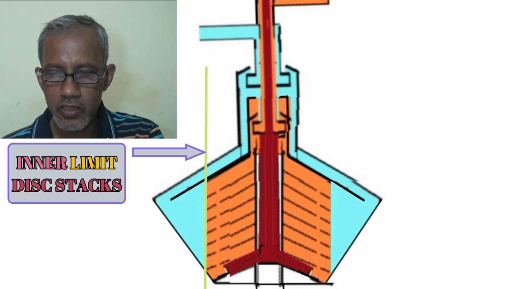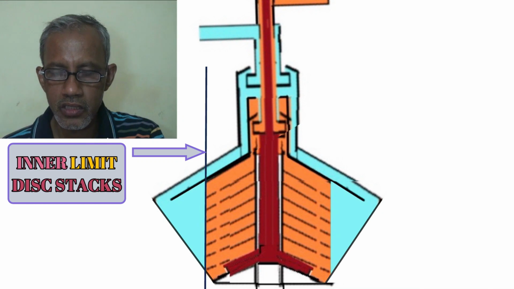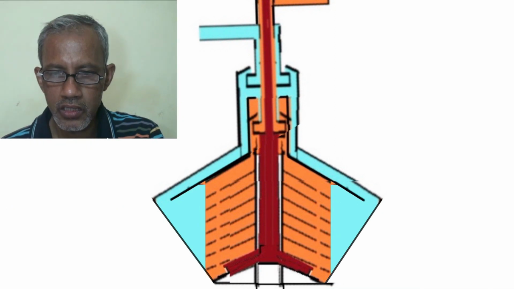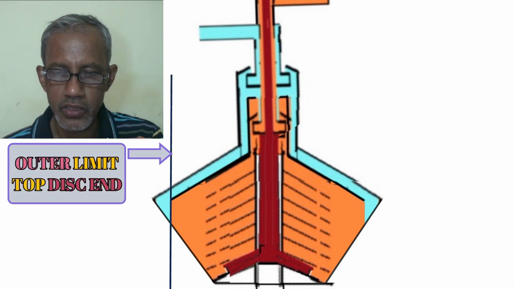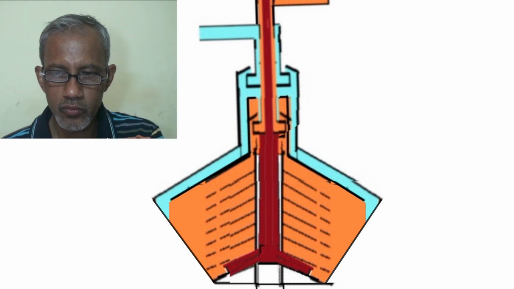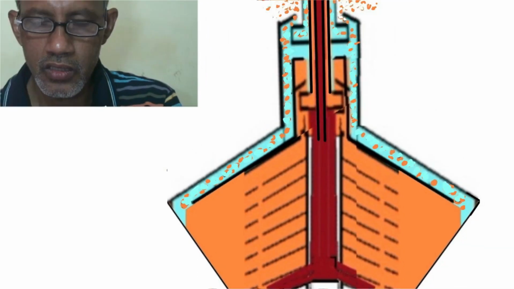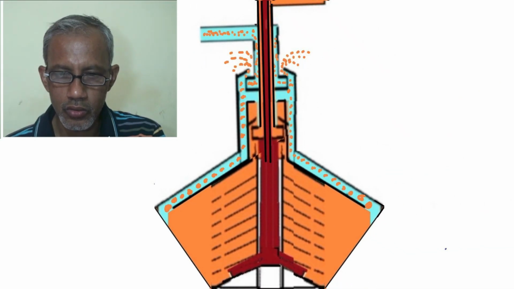One is this point which can be allowed to touch the disk stack, and the extreme point is the point at which the E line touches the extreme edge of the top disk, because if it moves further outwards, the light phase starts to go outwards.